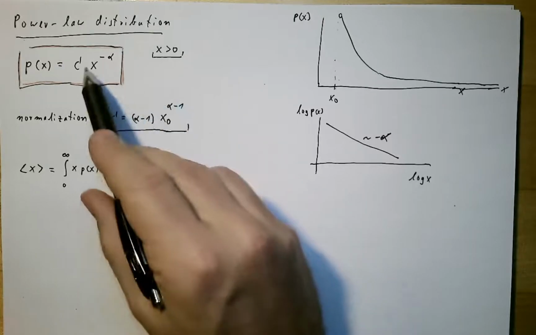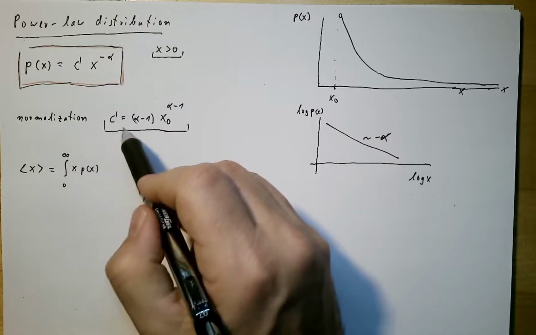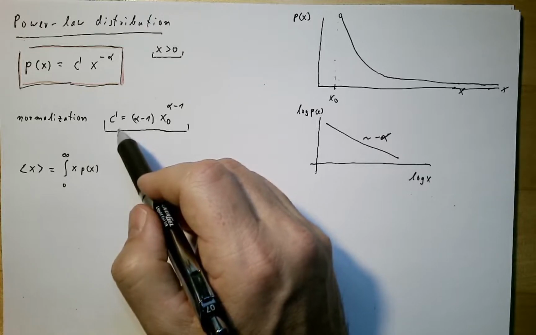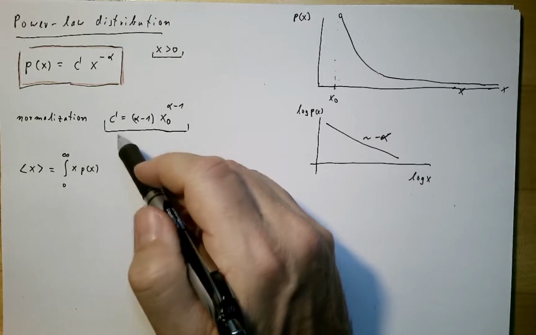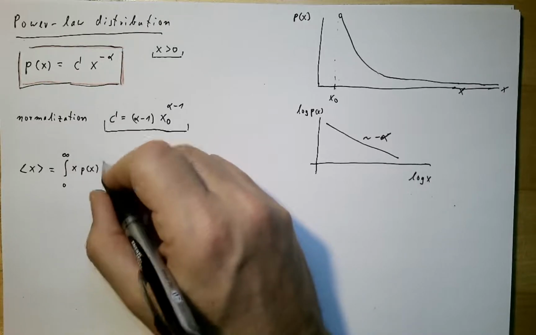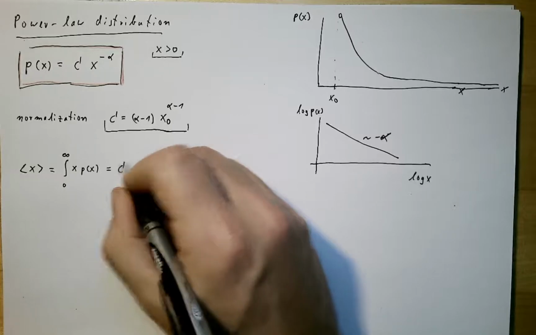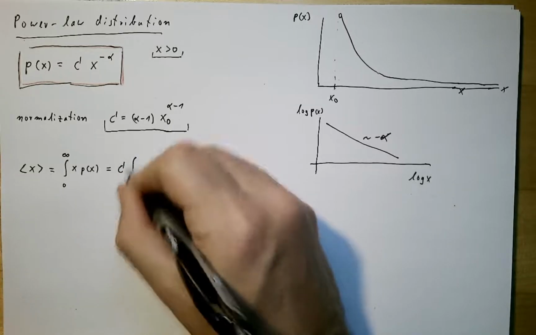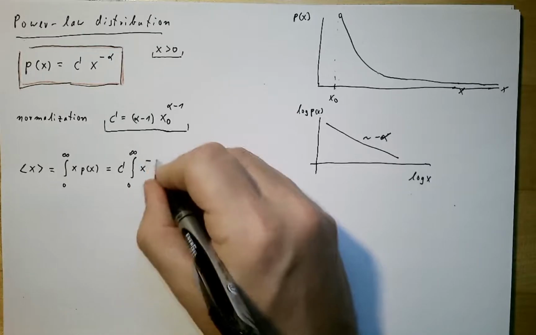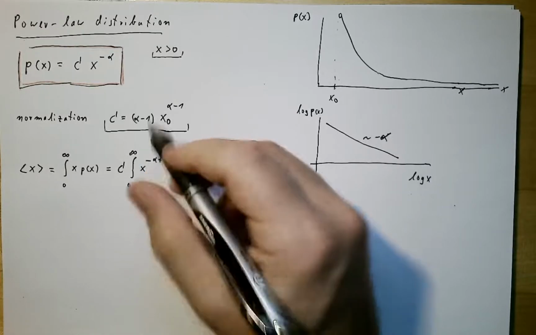Now we have to take this integral and plug in the normalization. We have the normalization constant, we integrate from 0 to infinity x to the minus alpha plus 1, dx.